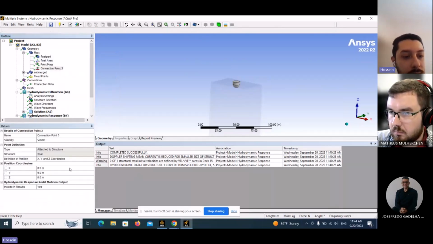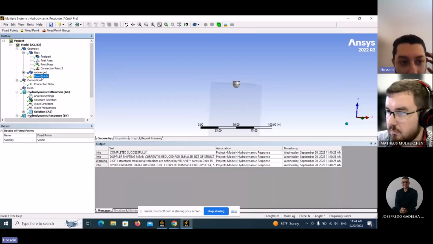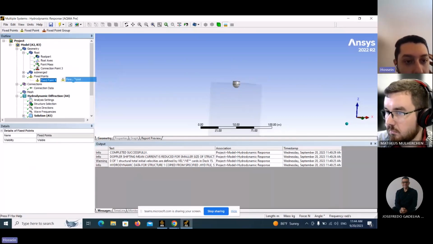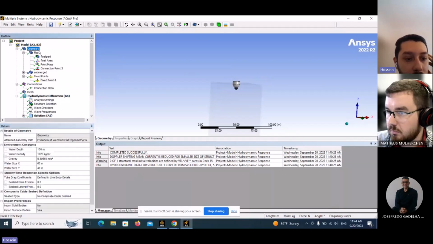You can see the connection point and also a fixed point. The water depth is 100 meters.